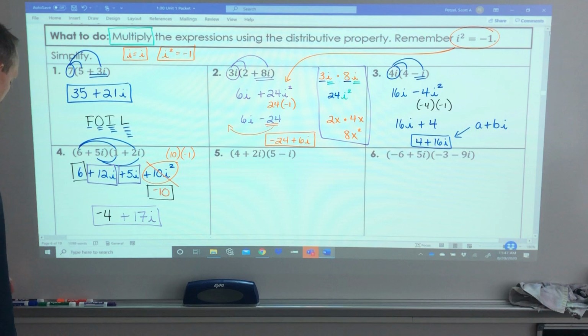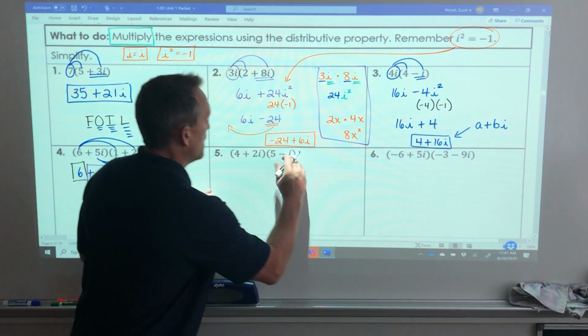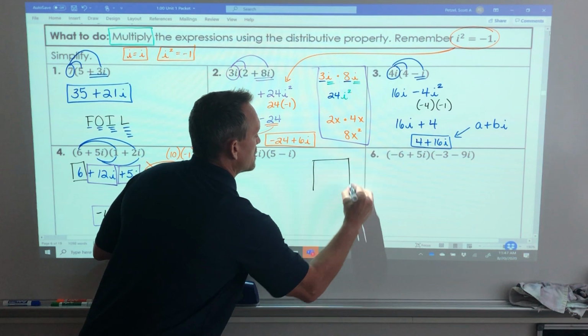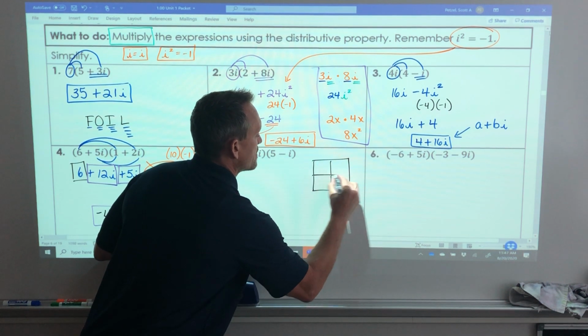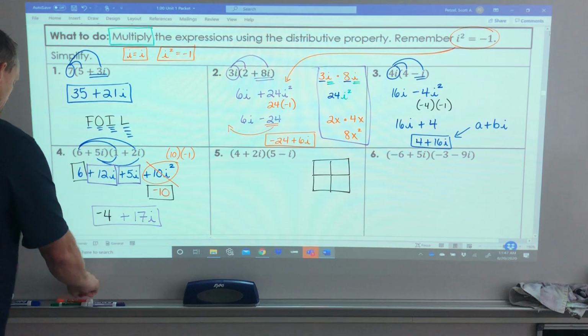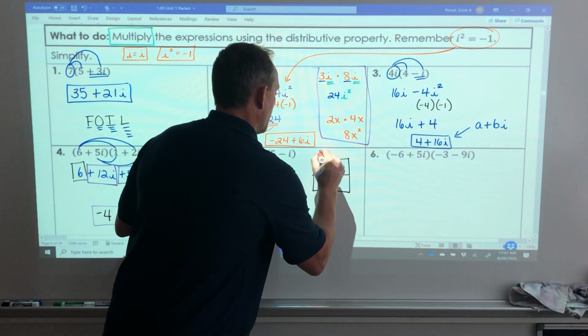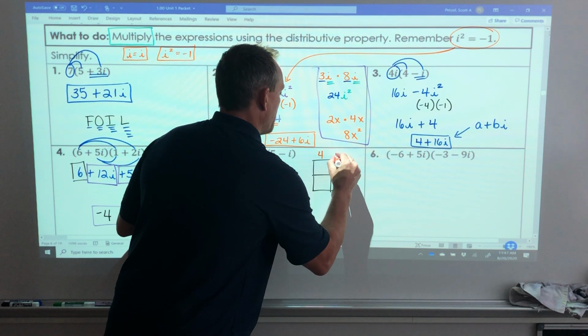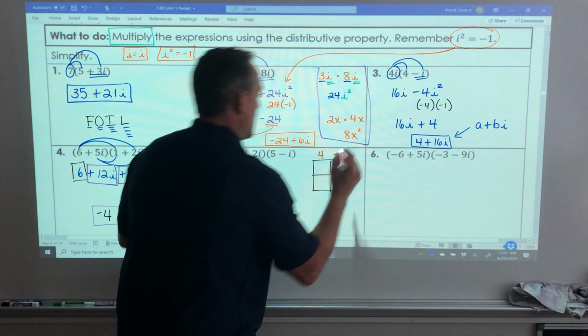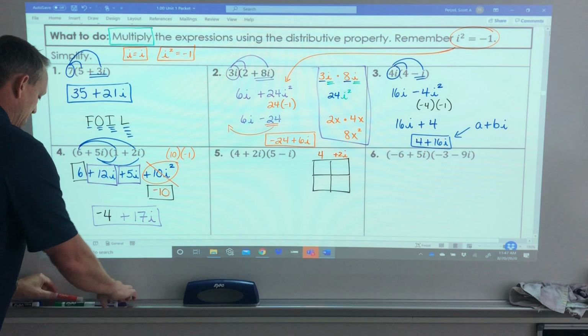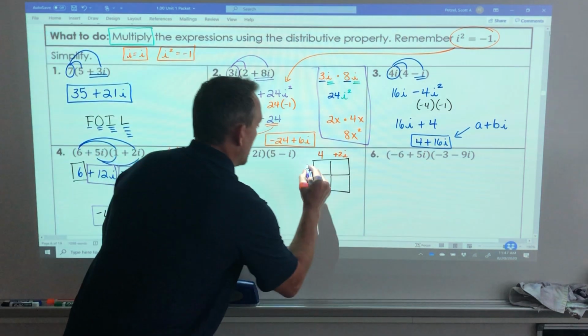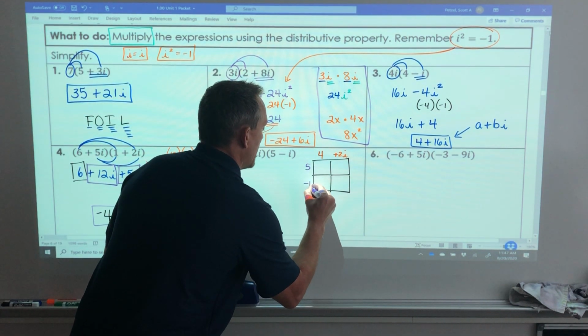Okay, I'm going to do Punnett squares for the next one, and what that is you're going to look like this, boxes. I'm going to take my first piece and have 4 and positive 2i. Then I'm going to take my next piece and I have 5 and negative i.